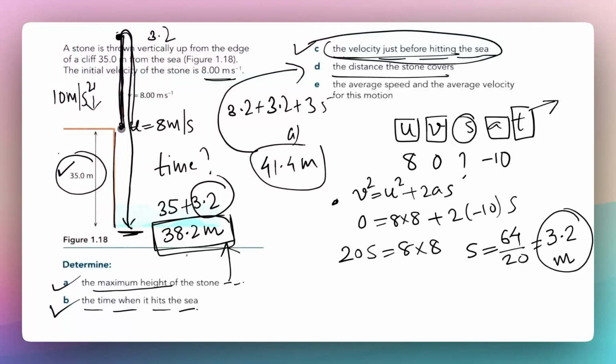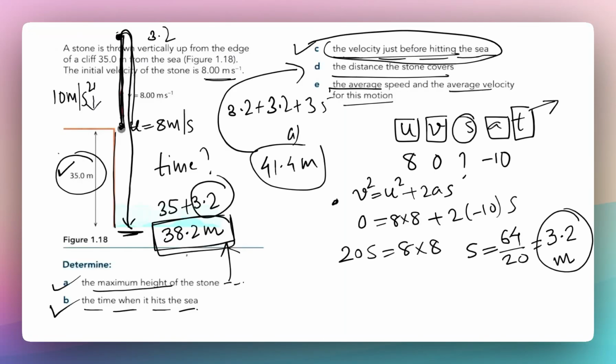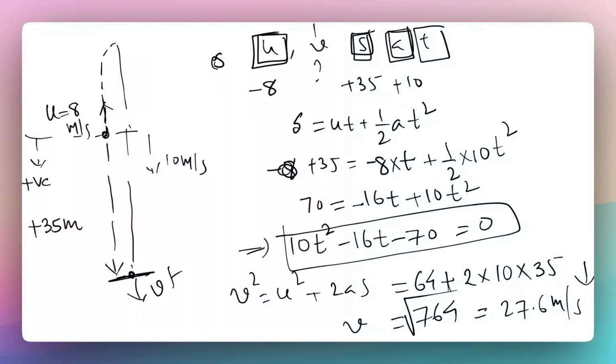Now we have to find the average speed and average velocity. Very interesting. So the average speed is going to be a very simple thing, which is the total distance traveled by the total time. How much is the distance traveled we found here? The total distance traveled is 41.4 meters. The time it took, we already calculated.